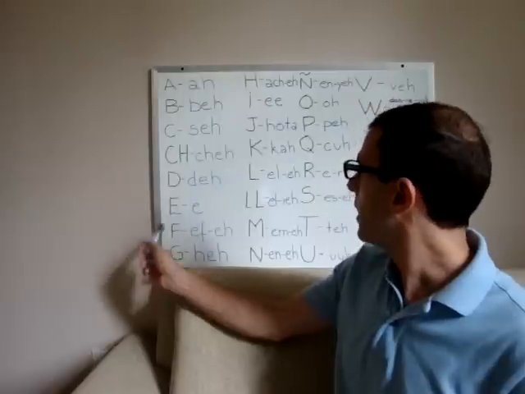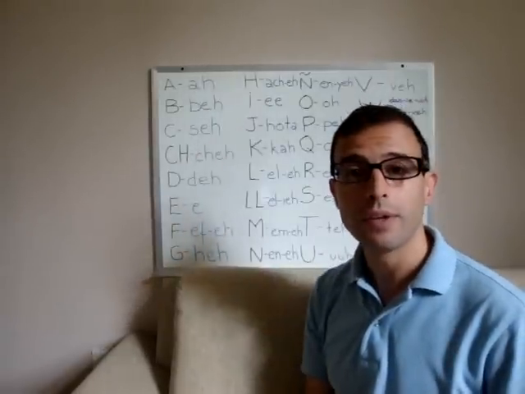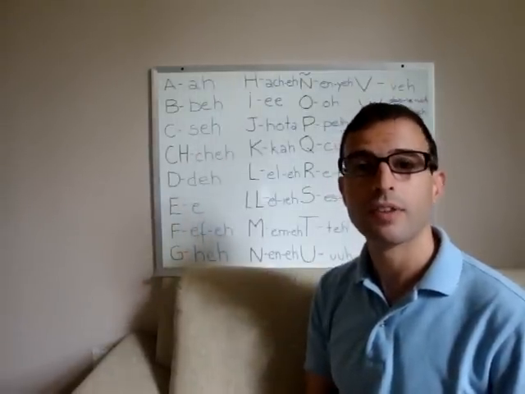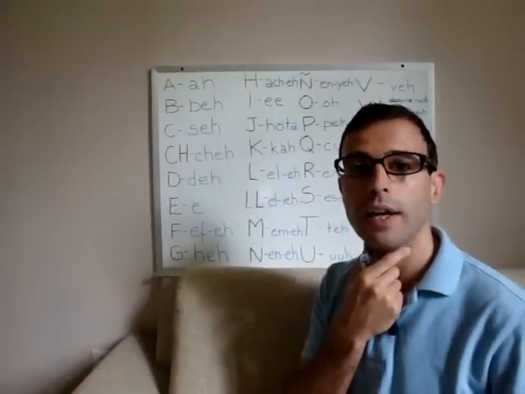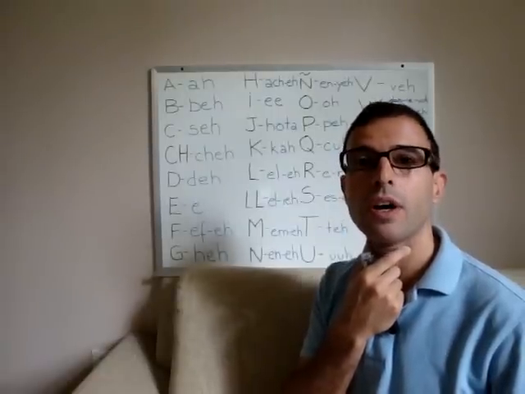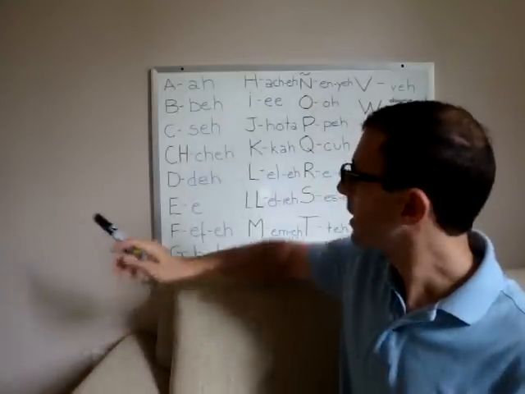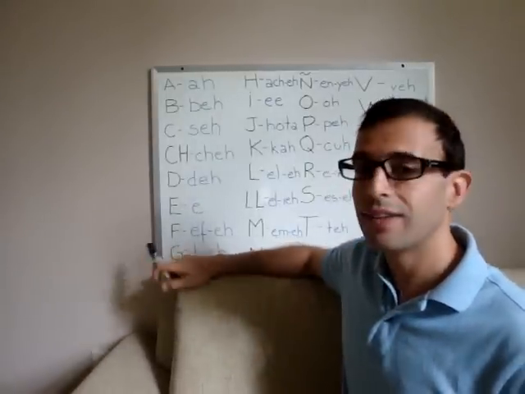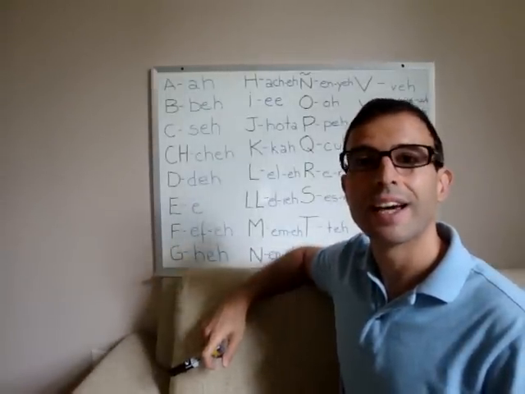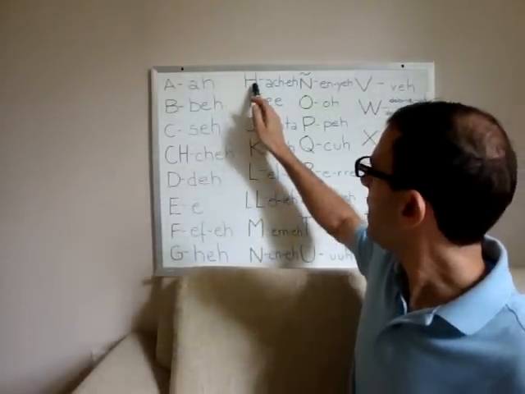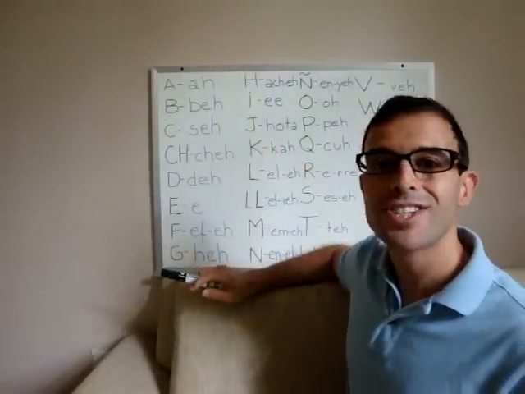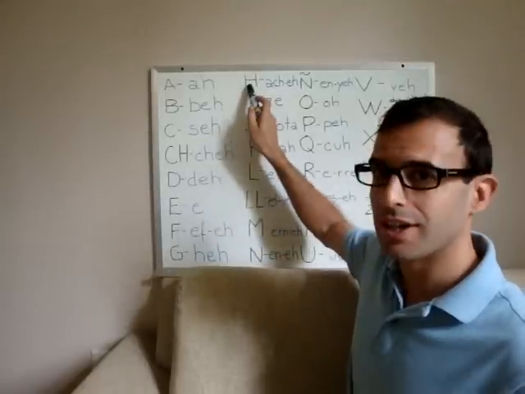For G and for J, it's a rougher sound. It's not like the H in English. So this is G. H is H.